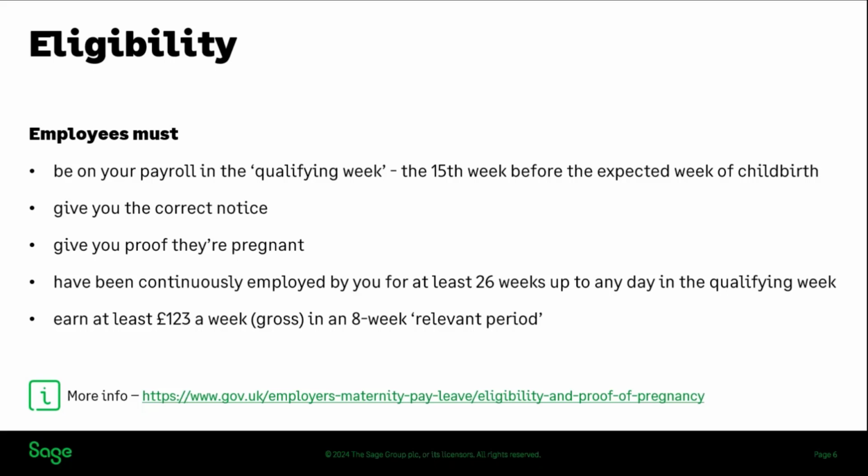They need to give you proof that they're pregnant. So that's the MAT B1 certificate or equivalent that they get from the doctor or midwife. They need to be continuously employed for at least 26 weeks up to any day in the qualifying week, and they do need to earn at least £123 per week gross in the 8-week relevant period. So that is the 8 weeks leading up to the qualifying week.